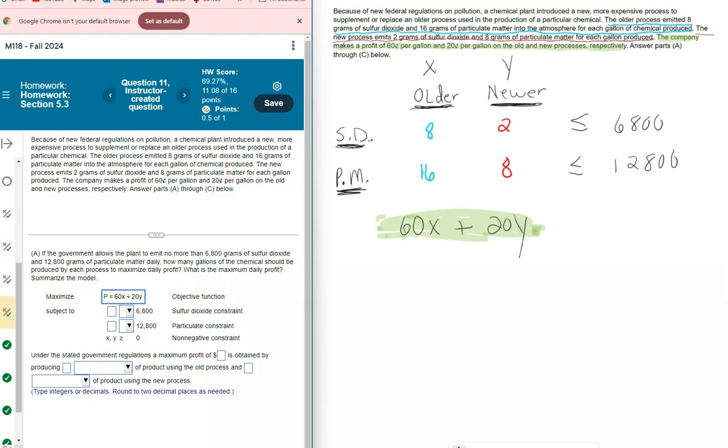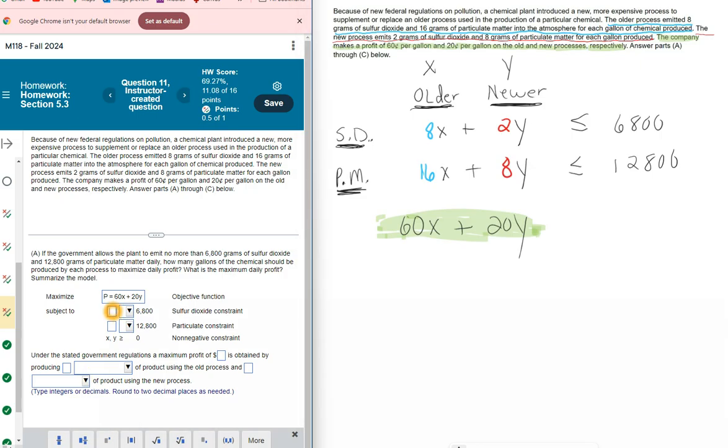And then it'll be subject to, and this is where my equations come in, 8x plus 2y is less than or equal to 6,800, and 16x plus 8y is less than or equal to 12,800.